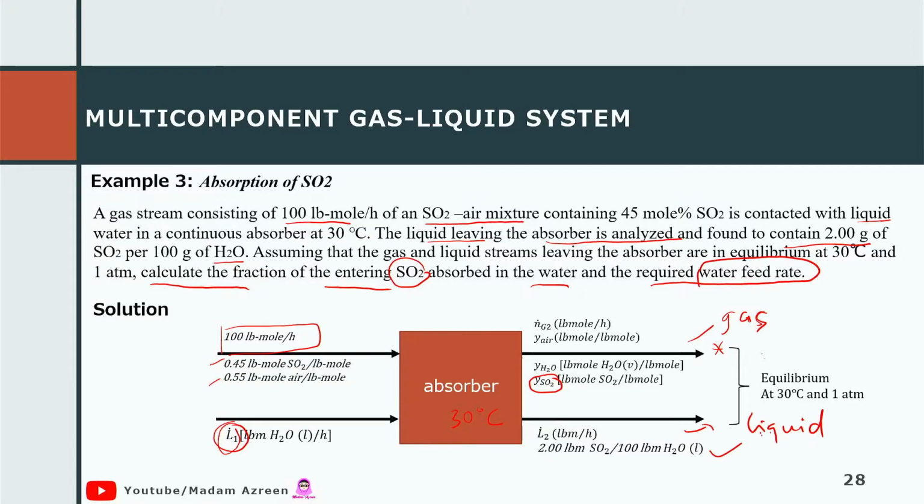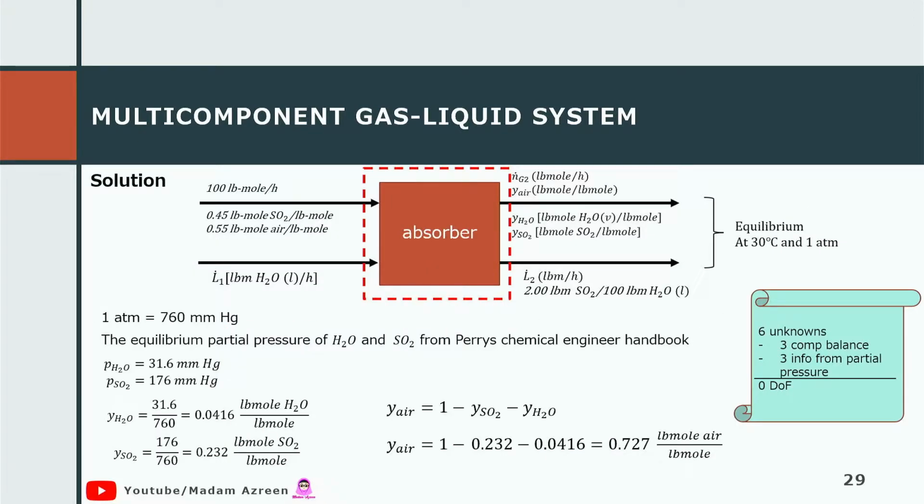Okay, let's proceed. The first thing is 1 atm is equal to 760 mmHg. The next thing is to get the partial pressure of water and SO2 at 30 degrees C, which is from the Perry's Chemical Engineering Handbook.